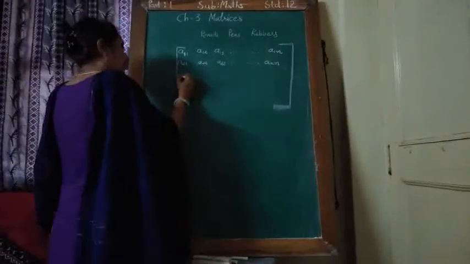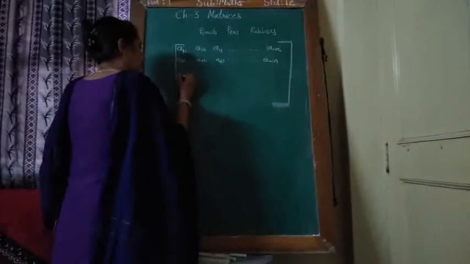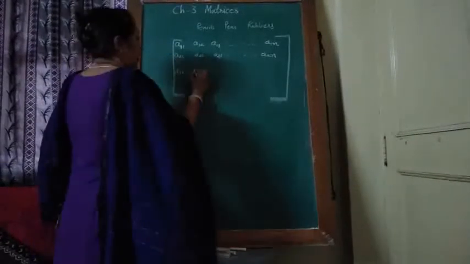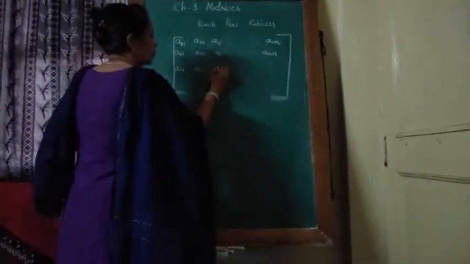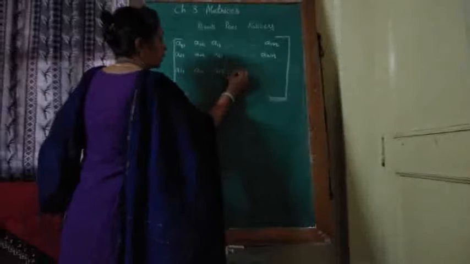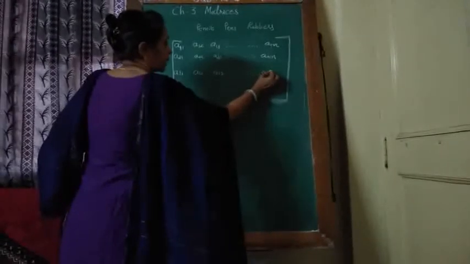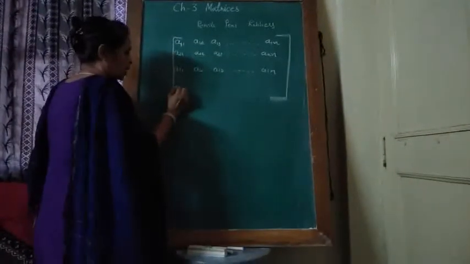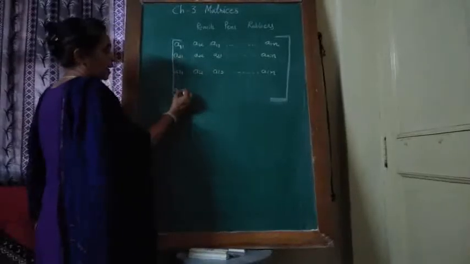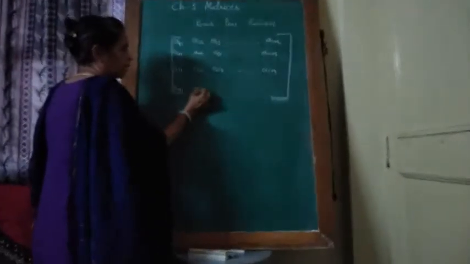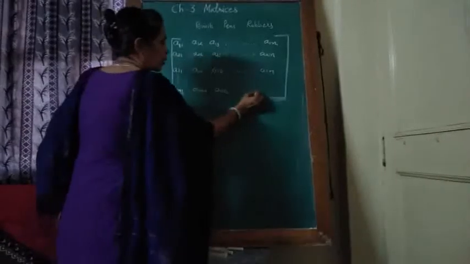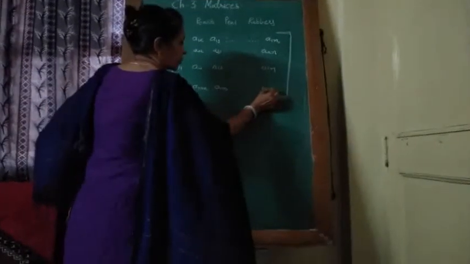In general, for the ith row, you write Ai1, Ai2, Ai3, up to Ain. There are m rows, so the last row is m: Am1, Am2, Am3 and so on, up to Amn.